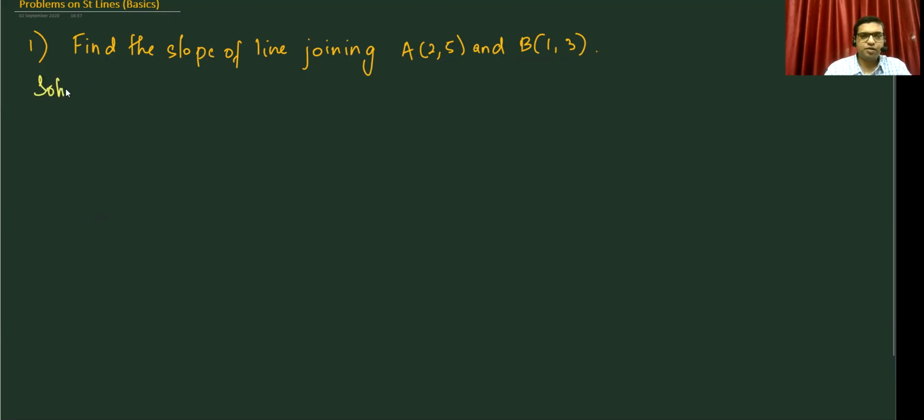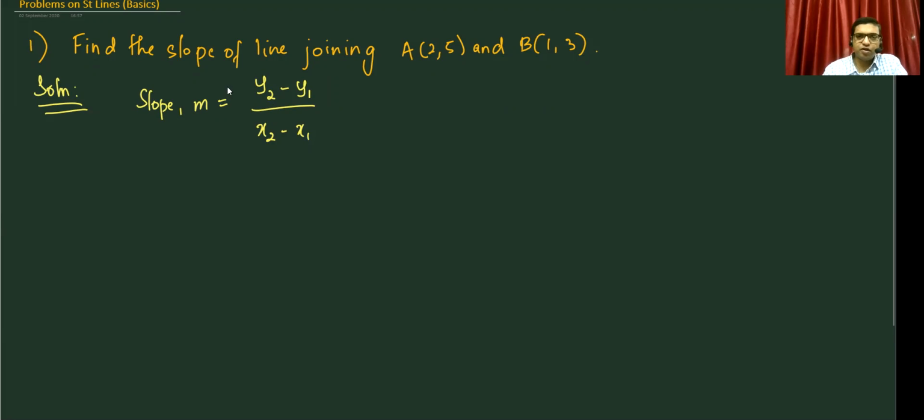Answer, very simple. Slope is y2 minus y1 by x2 minus x1. You can write it as y1 minus y2 by x1 minus x2.